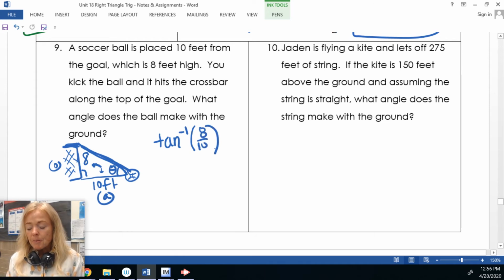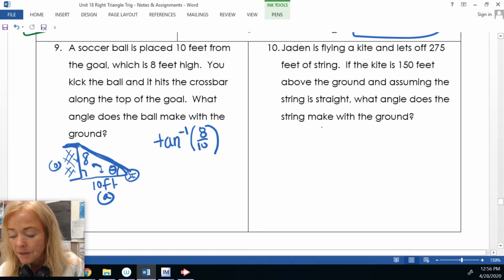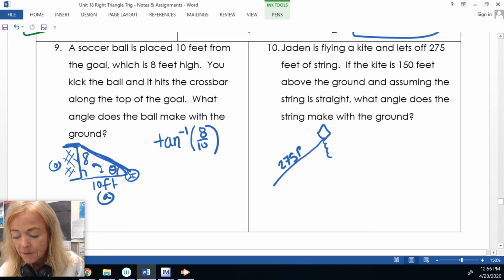All right, setting up number 10. Jaden is flying a kite and lets off 275 feet of string. So there's the kite, 275 feet of string. All right, so this is Jaden here.